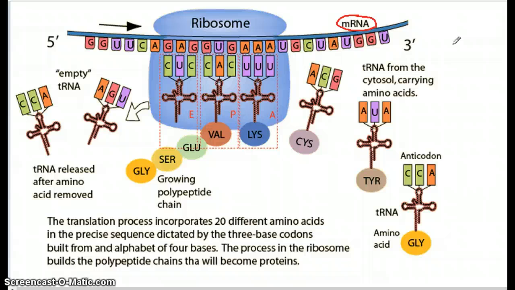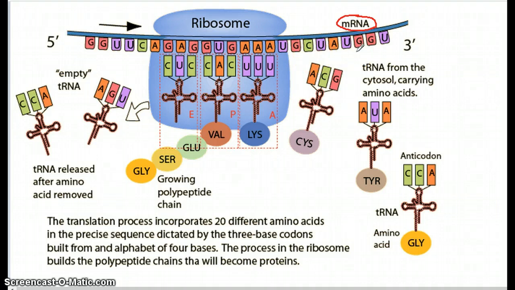Now, going back, we are talking about the ribosome. The ribosome is split into two parts, the top part and the bottom part. The mRNA will slide through the middle, and the ribosome will read the mRNA.